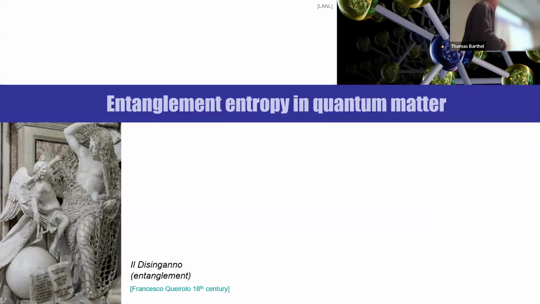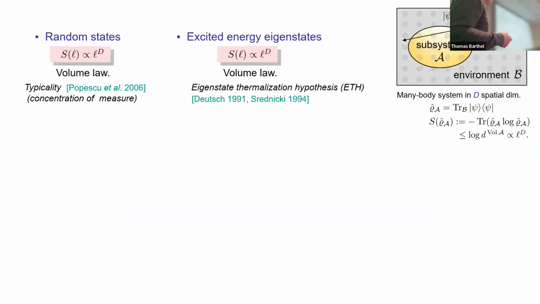Okay, so I already mentioned area law entanglement, so I shortly wanted to flash this by for those who are not familiar with it. Again, we consider a quantum lattice system with some degrees of freedom assigned to sites of some lattice.